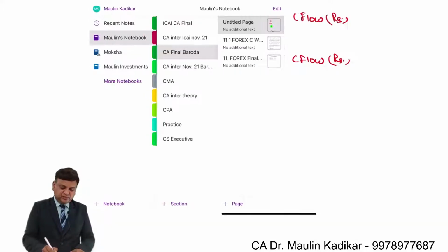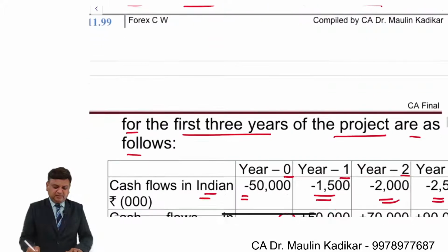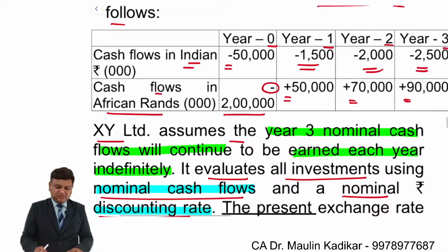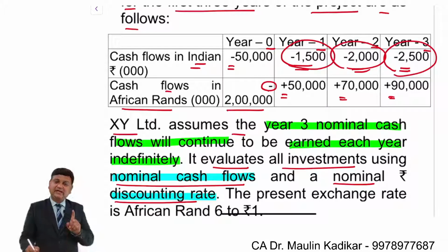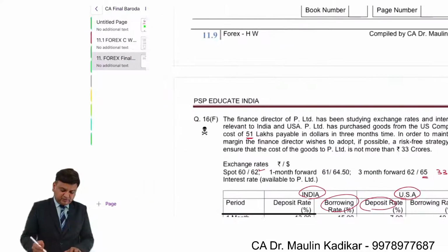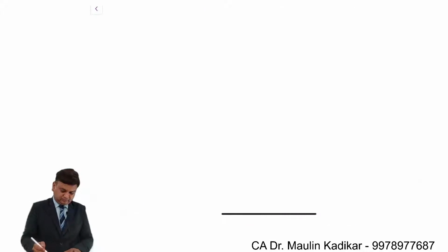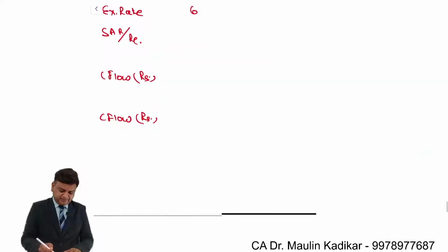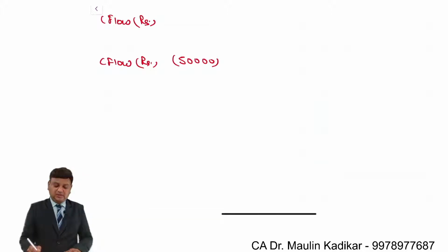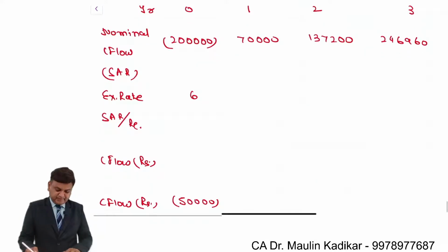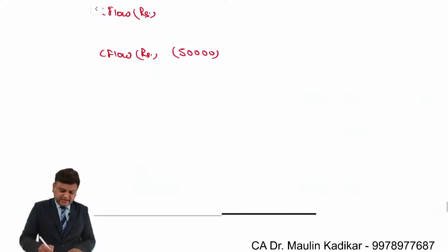In domestic terms, to keep certain administration work going, we are supposed to incur certain expenses over here. And again it is provided that it is in real terms, there is no ambiguity in the question. So what will happen? This will be 50,000 cash outflow in the year 0. Then end of year 1 it will be cash outflow of 1500 into 1.10, that is 1650.